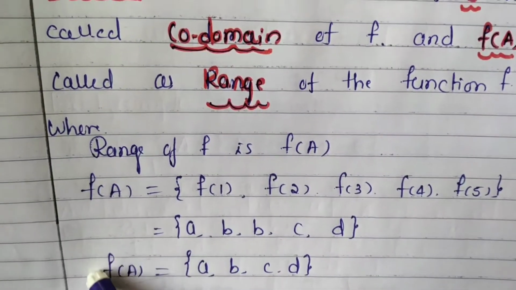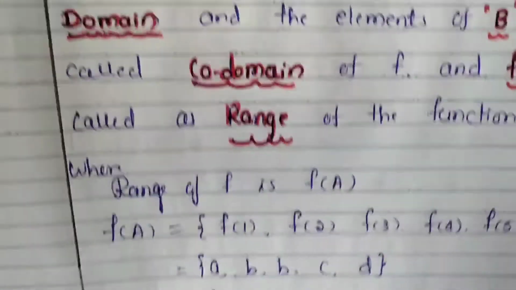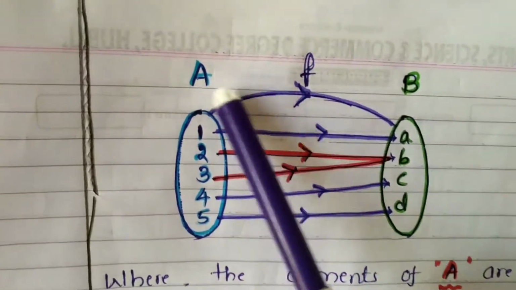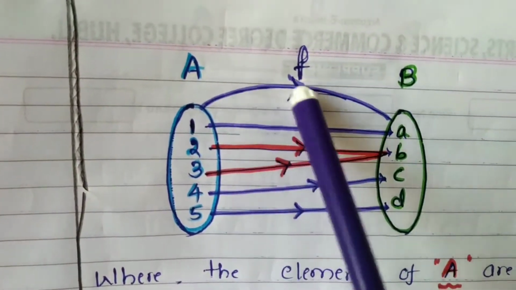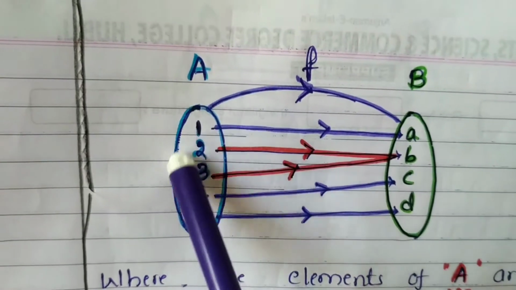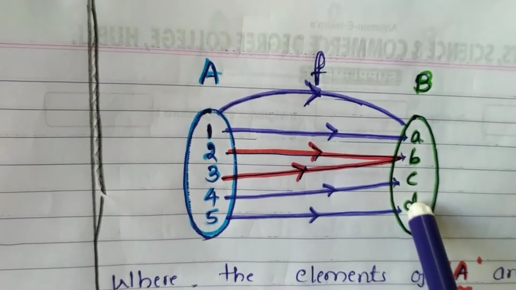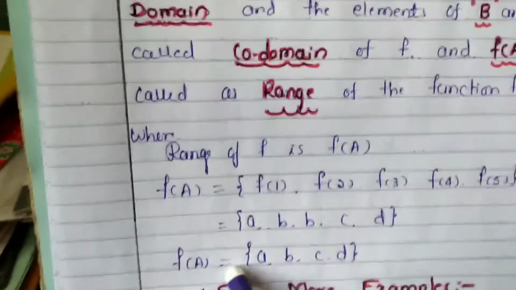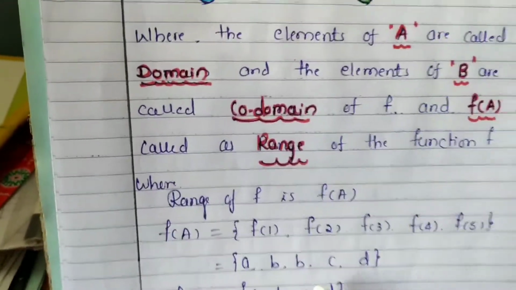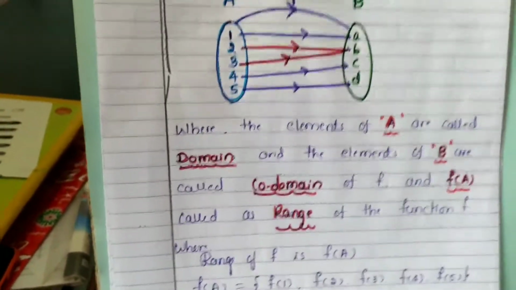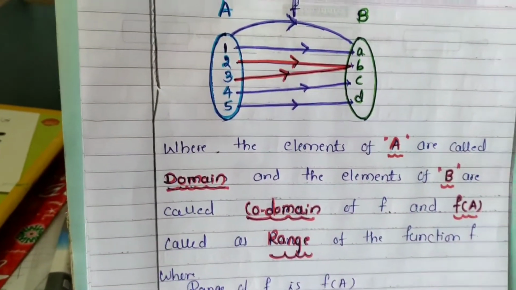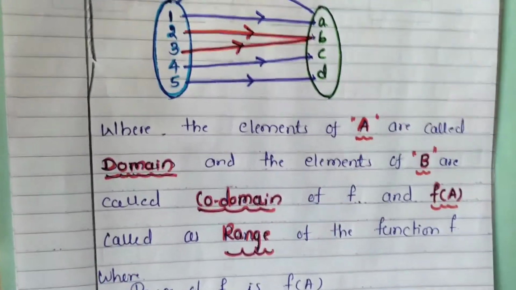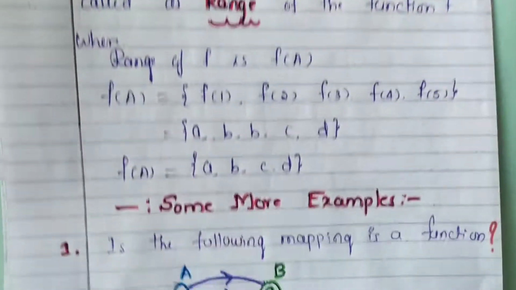What you have to understand here is that in the function f from A to B, A is called the domain, B is called the codomain, and f of A is called the range of the function. So this is the definition of a function and some details of the function by means of one example.